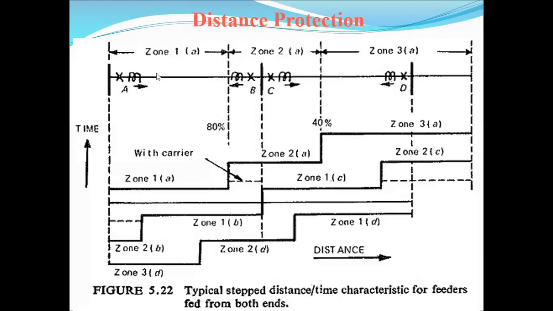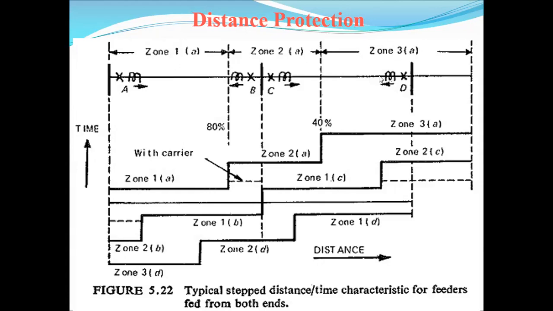This is the circuit diagram for distance protection. Basically, the total distance is divided into different zones: first zone 1, then zone 2 and zone 3.